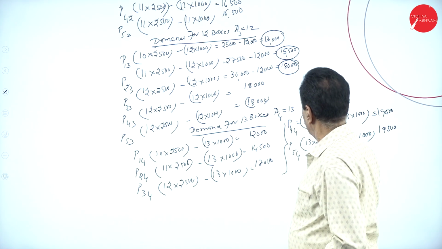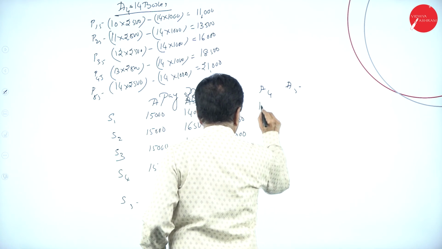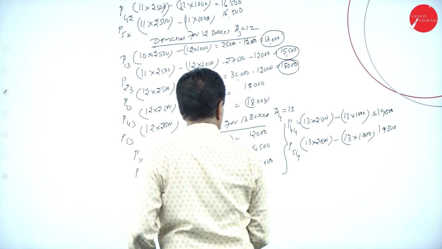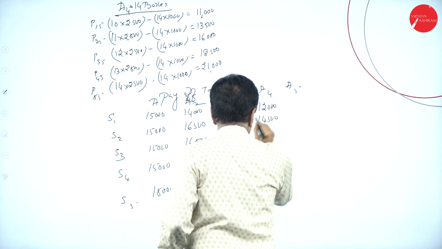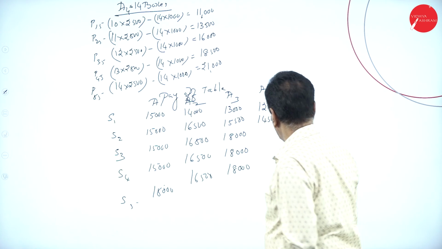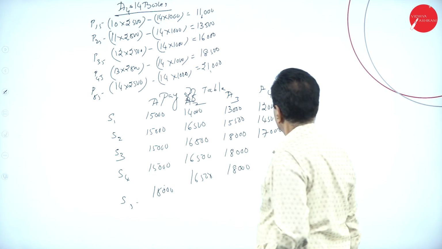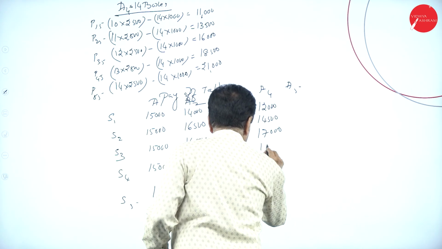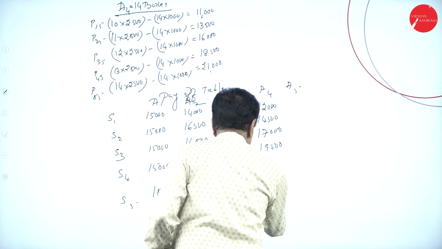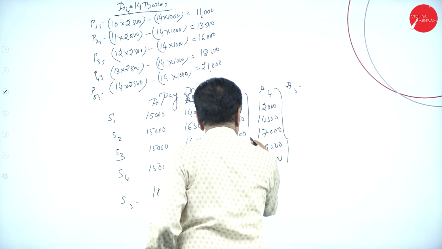A4: this is 12,000, 14,500, then 17,000, then 19,500, 19,500.